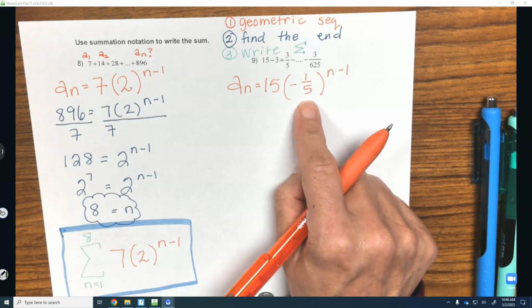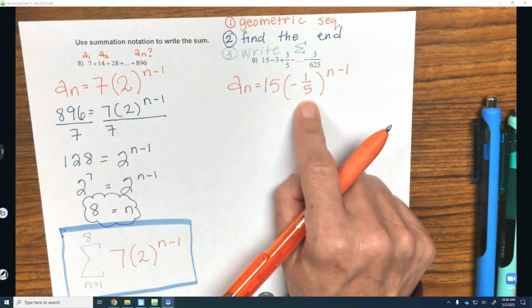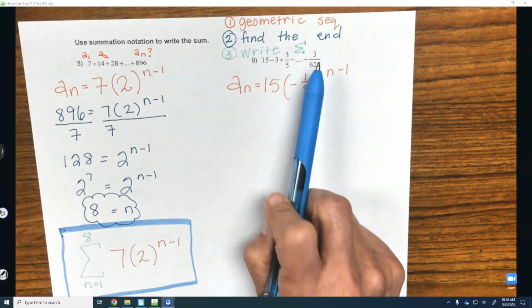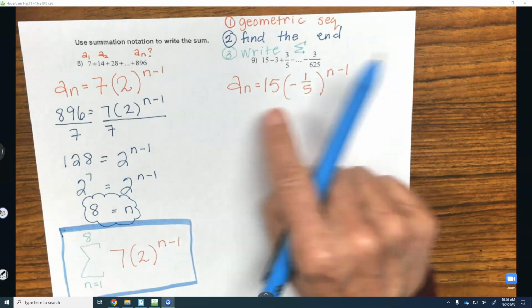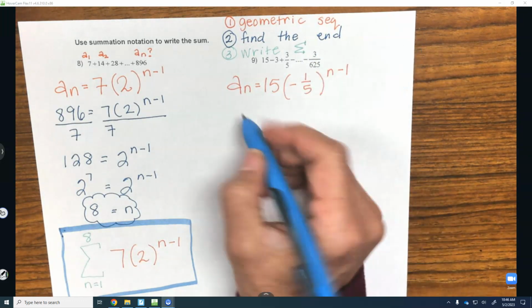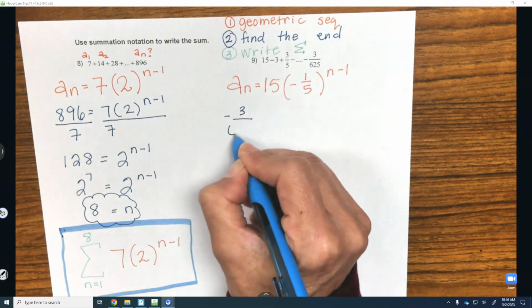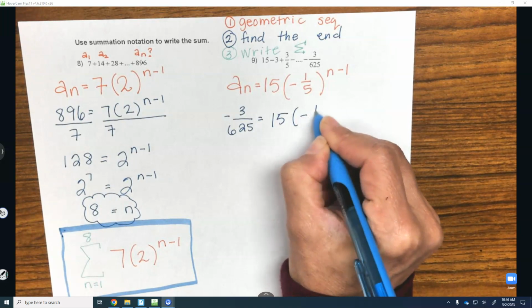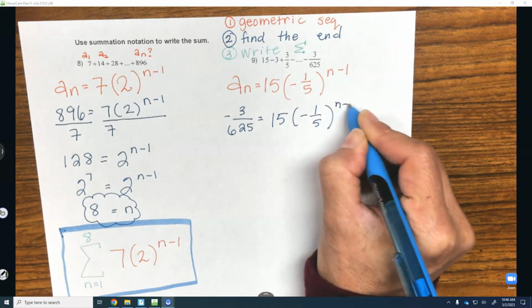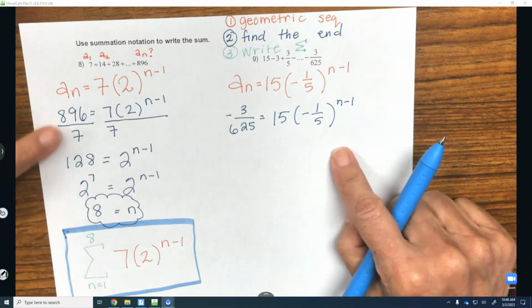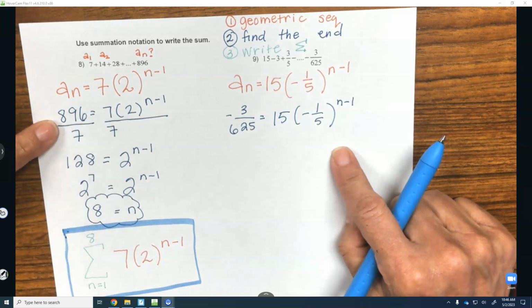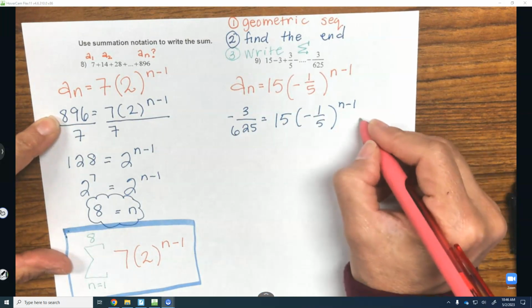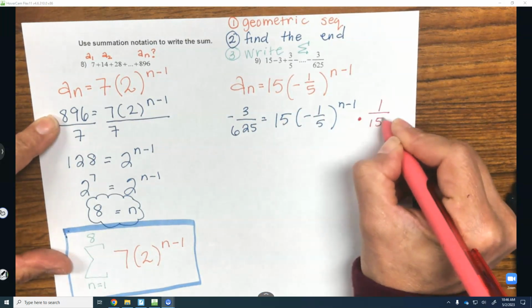Okay, that was step 1. Let's figure out where it ends. So I don't know where it ends, but I know that this term is negative 3 over 625. So I'm going to replace a sub n with negative 3 over 625. And we're going to solve for n. Now, over here, I did divide by 7 because it was a whole number. Since this is a fraction, I'm multiplying both sides by the reciprocal of 15.